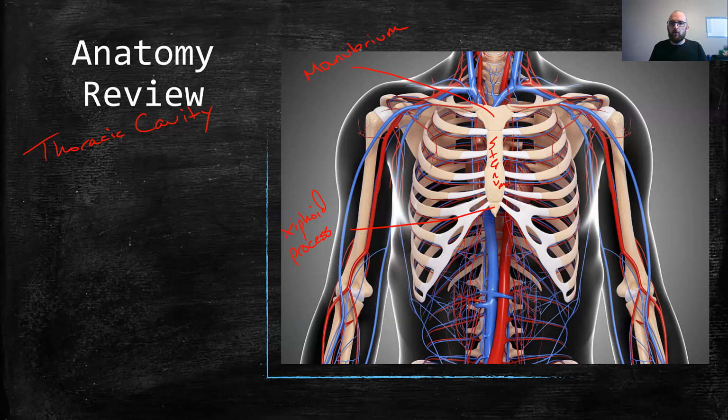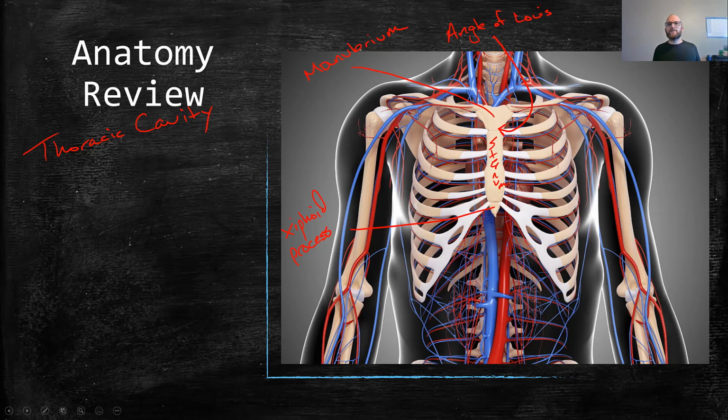Manubrium. Now, one that some books will really talk about, it's a good Jeopardy style question, is right there where the manubrium meets up with the sternal body, there's a little notch. And it's called, not the AG, it's called the angle of Louis.